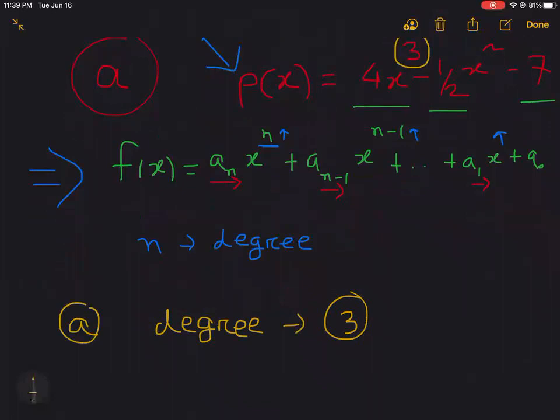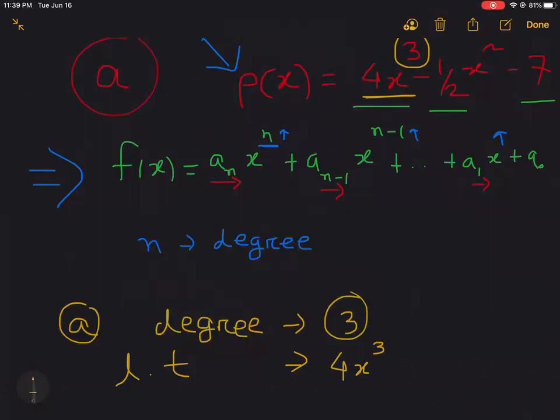And the term with the highest exponent, or the degree rather, we'll say that is the leading term. So the leading term, I'll write it LT, that's the leading term. So the intuition should say that's 4x cubed. Now what's the leading coefficient?